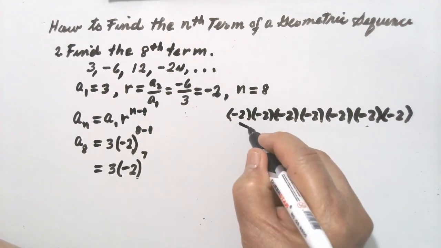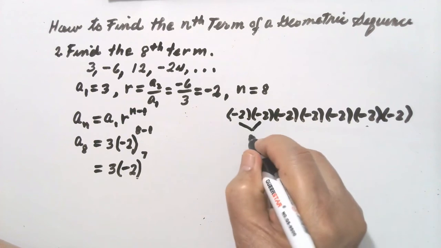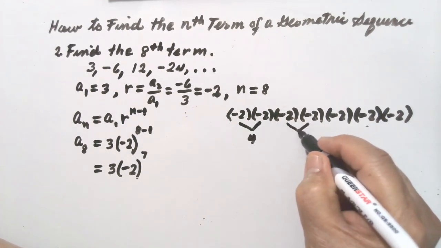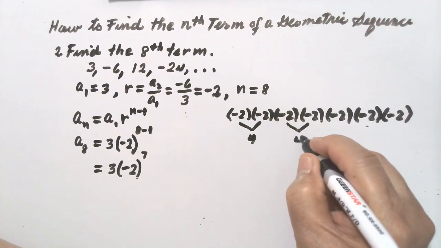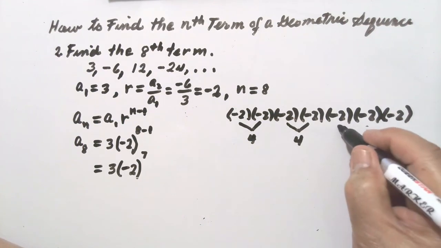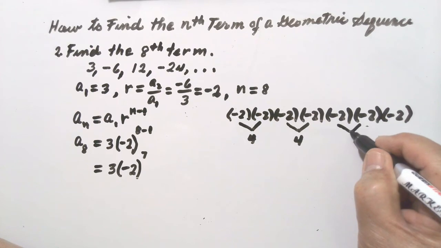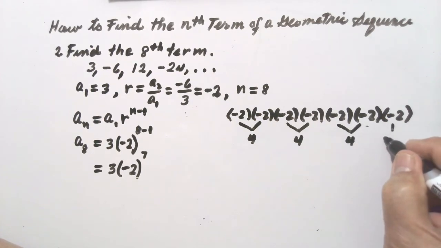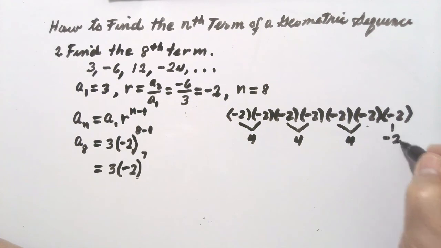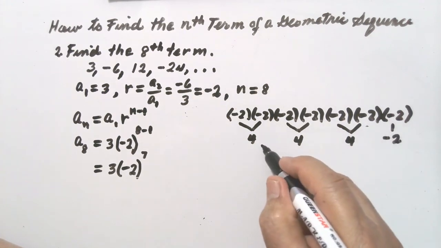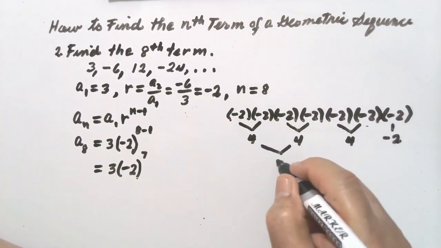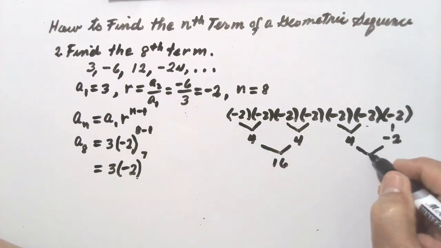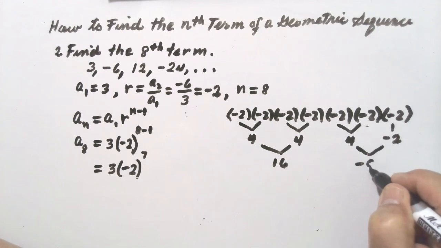Negative 2 times negative 2 is positive 4. Negative 2 times negative 2 is positive 4. Negative 2 times negative 2 is positive 4. And this is negative 2. 4 times 4 is 16. 4 times negative 2 is negative 8.